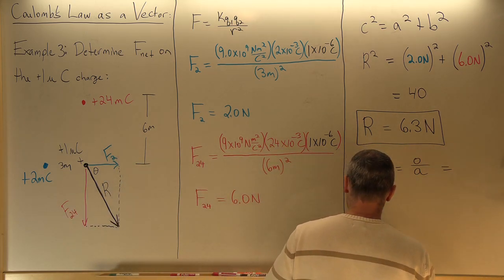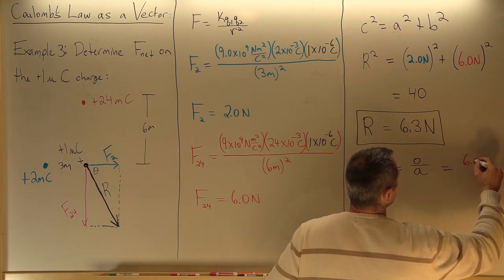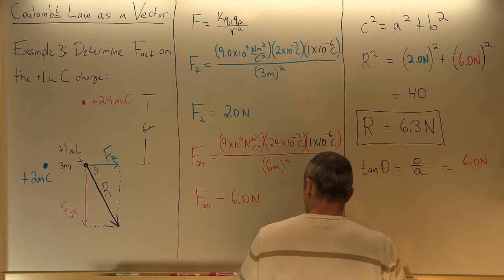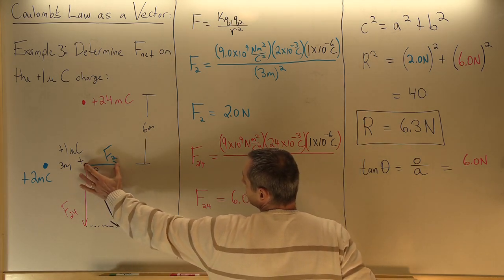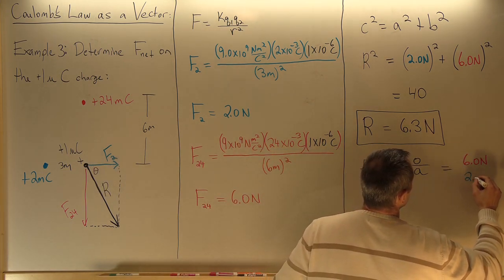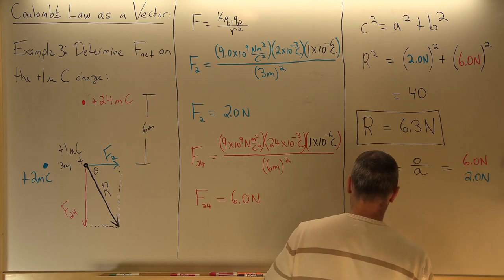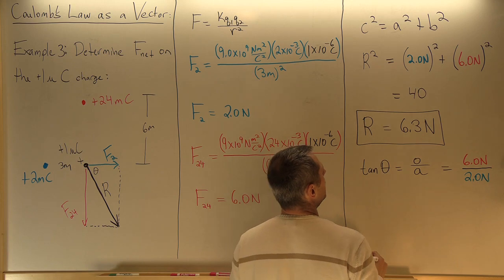So it's 6 newtons. And the adjacent side, opposite over adjacent, the adjacent's right over here, which is the 2 newtons. And when I do that division, I get 3.